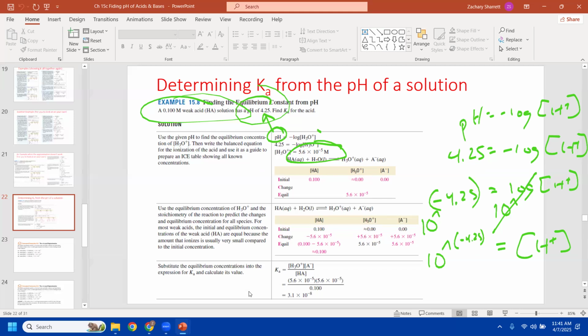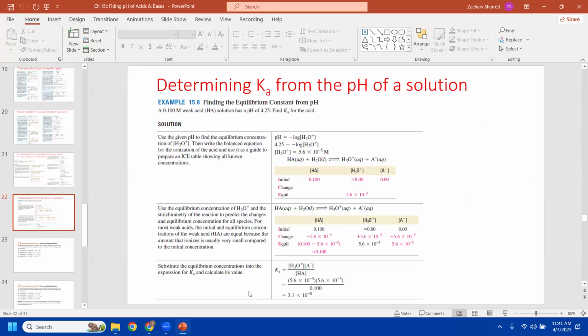So basically now we know what the equilibrium concentration is of this. Can we figure out anything else from that? Remember, this was on the last exam. If we started at 0 and we ended at 5.6 times 10 to the negative 5, what does that mean, Angelina? How much did we have to add to 0 to get 5.6 times 10 to the negative 5?